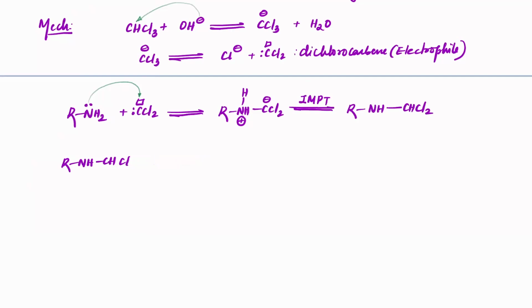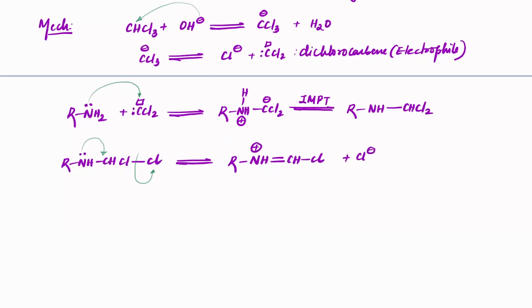How do we get CCl2? I can write it with Cl here, like this, with the lone pair. Now, this lone pair can further push the electrons because chlorine is a good leaving group. As the chlorine leaves here, I get NH double bond CHCl with a plus charge, plus Cl minus.